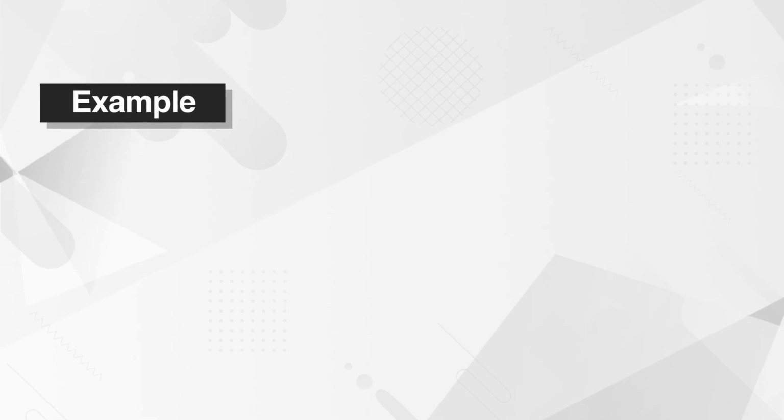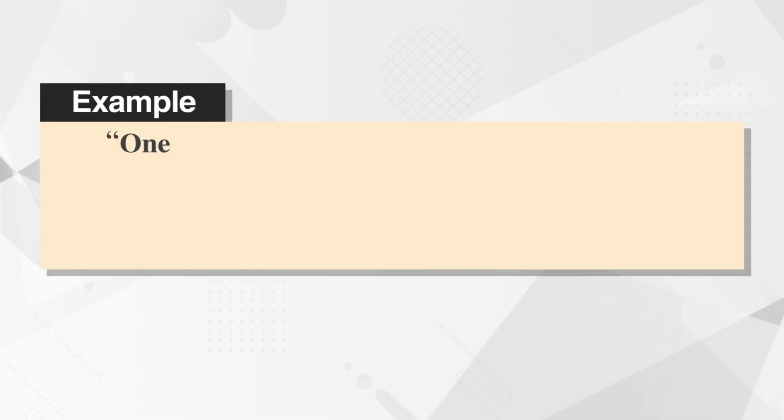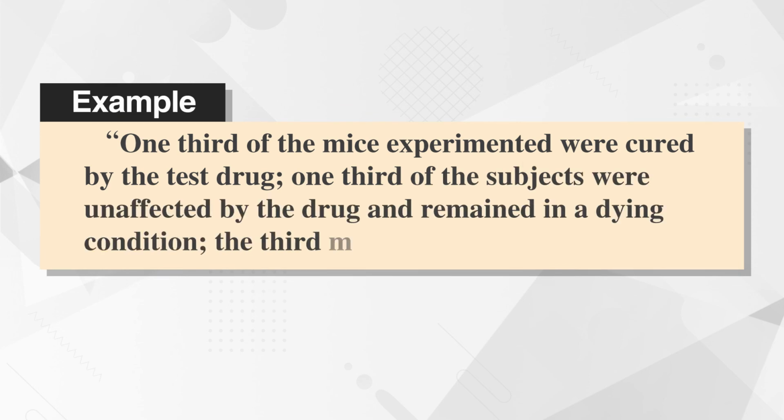I will give you an example. One third of the mice experimented on were cured by the test drug. One third of the subjects were unaffected by the drug and remained in a dying condition. The third third of the mice died. Do you think this description of statistics is meaningful?